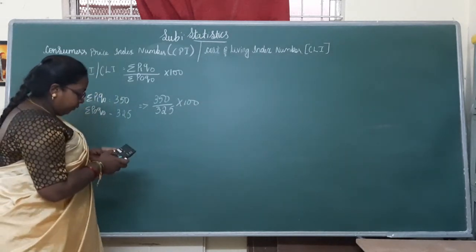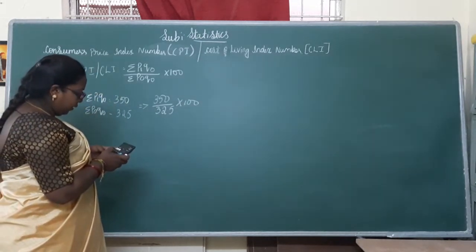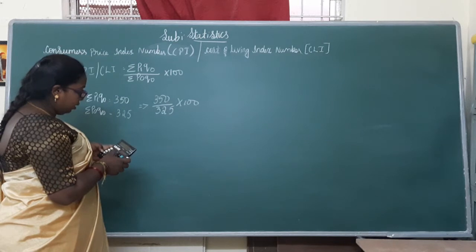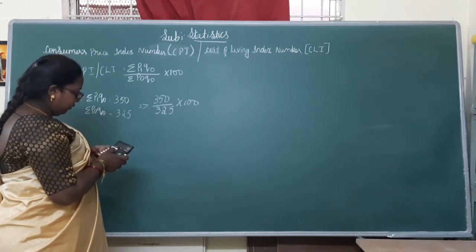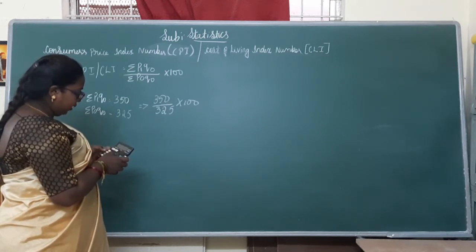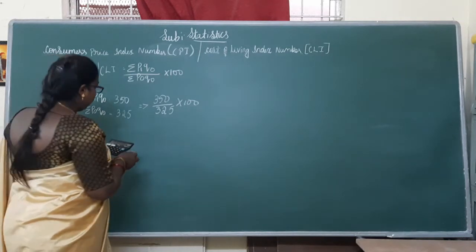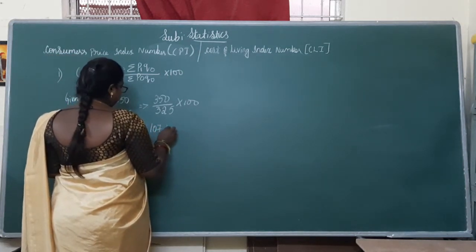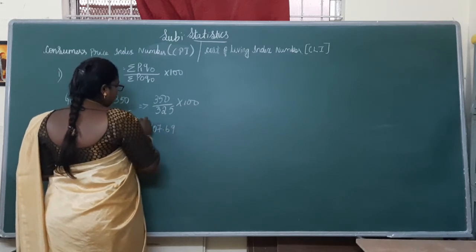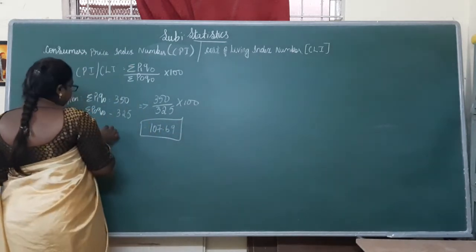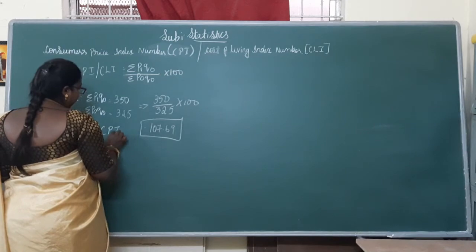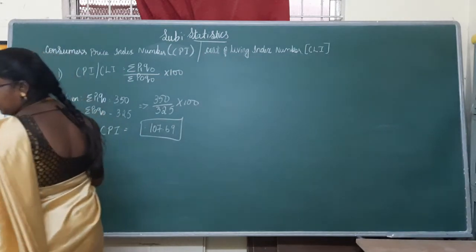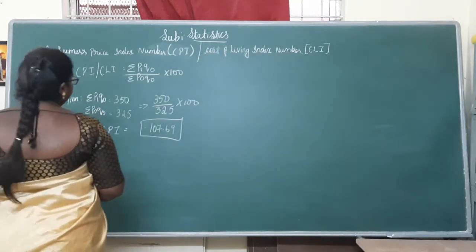350 divided by 325 into 100, I will get 107.69. So my CPI, that is consumer price index, is 107.69.